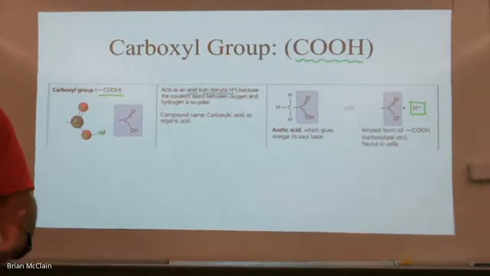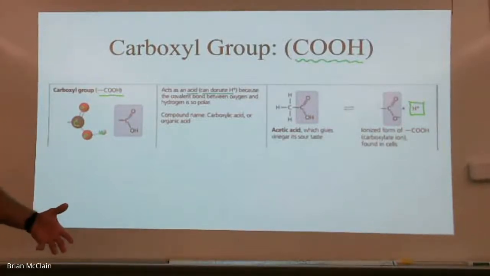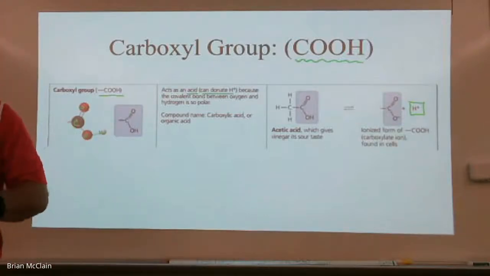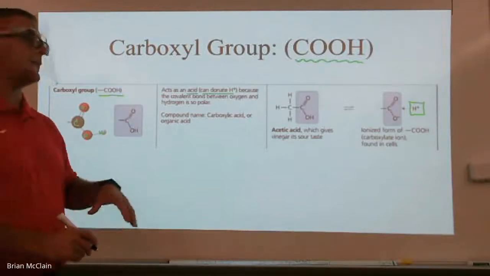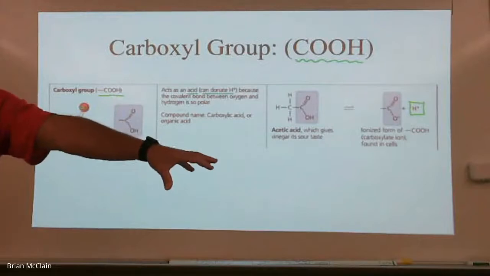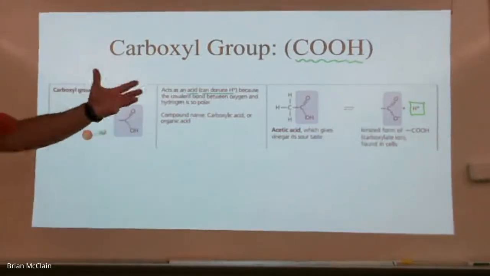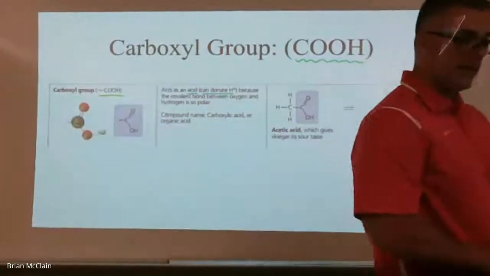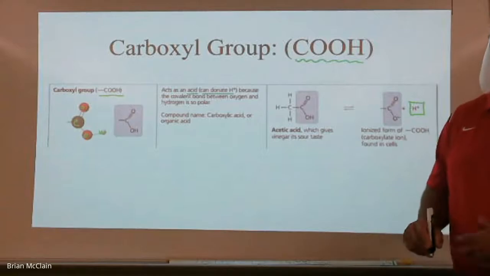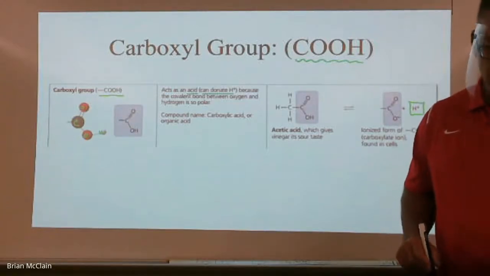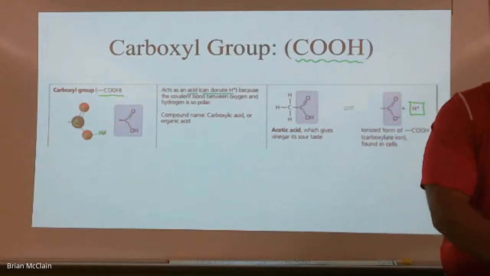It's an organic acid. So when we're looking at a molecule and we're looking at an image and we say, all right, well, is this going to have acidic or basic properties? If you're seeing that it has the carboxyl making up a portion of that molecule in that area, you're going to be able to donate hydrogen off of that. Okay, so that's a common one, and it's definitely something that we will see as we go through and examine some examples of that.